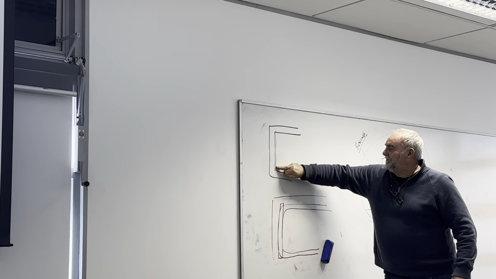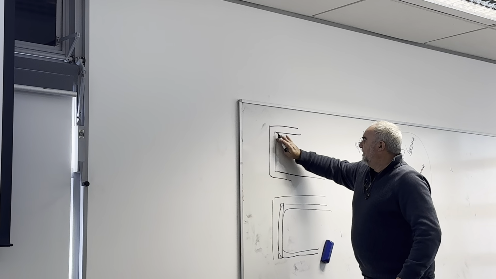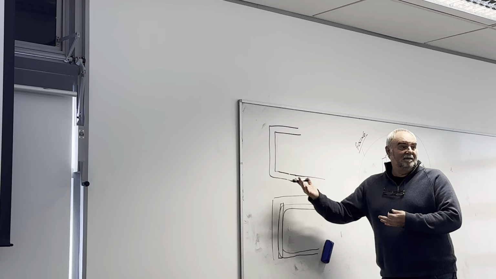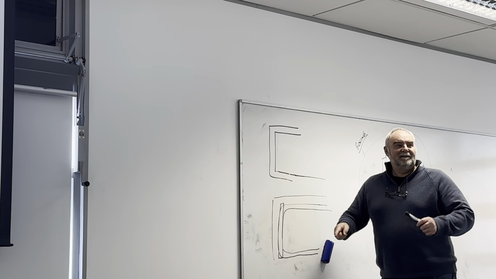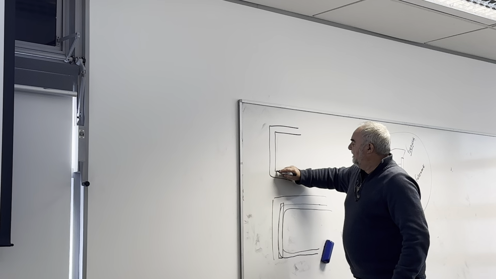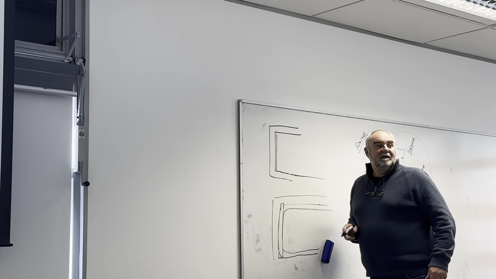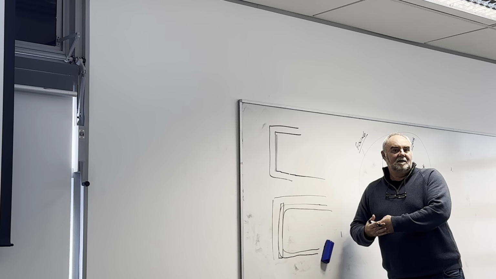If I did the sketch one behind the other, the sketch would have looked like this. Then you wouldn't know what's going on. If I did it properly, it would be like that, and you'd be like, huh? What sort of bar is that? So what all engineers do on the sketch is they always do that to show a little bit of separation, but you know that one is behind the other.